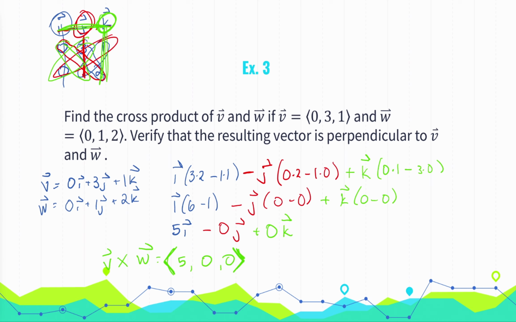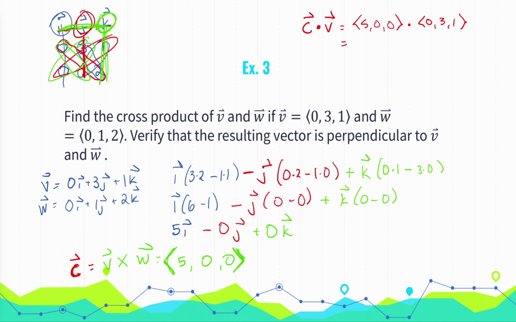In order to verify that this is perpendicular to both V and W, we do the dot product. Let's call this vector C for cross product, just to make my life a little bit easier. So if I do C dot V, C is 5, 0, 0, and V is 0, 3, 1.